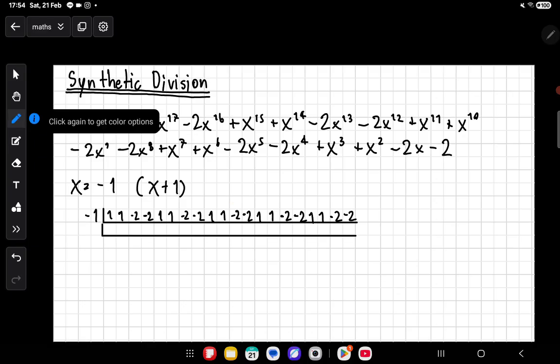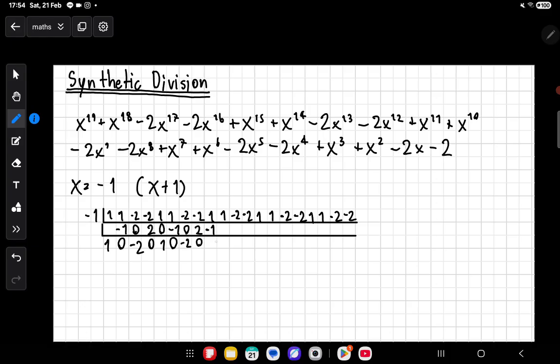Let's dive right into the synthetic division process. First, drop 1 down. Minus 1, that's 0. 0, minus 2, 2, 0. Okay, and then it's 0, right? Then it's 1, it's minus 1. 0, 0, it's minus 2. 2, it's 0. Then you can see the clear pattern that's going on here.